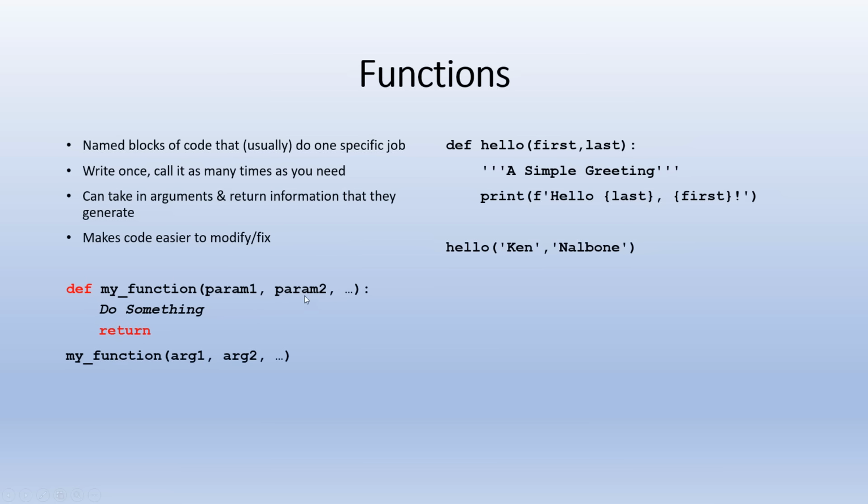Then in the function itself, you do something with those parameters, and then you either return a value or maybe not. That is the definition of the function. Then in the body of your code, you call the function by saying the name and passing in the arguments. The parameters are up here; the arguments are the values you pass into it.